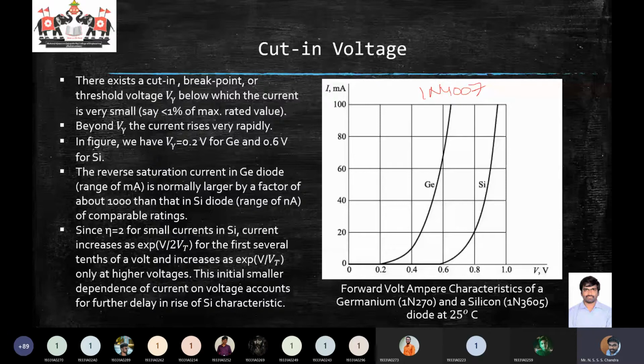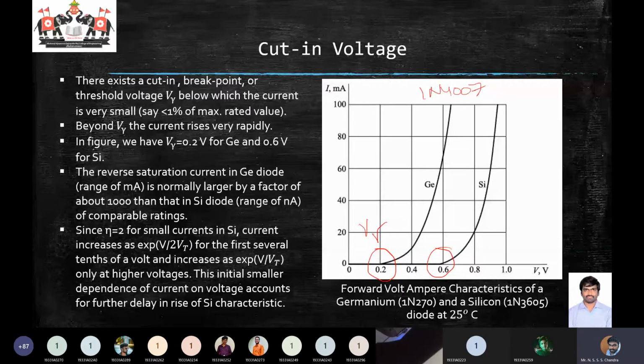For germanium, the cut-in voltage V gamma is only around 0.2 volts, whereas for silicon it is somewhere close to 0.6.